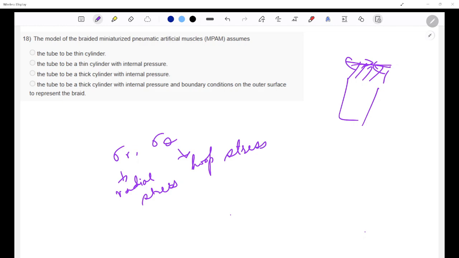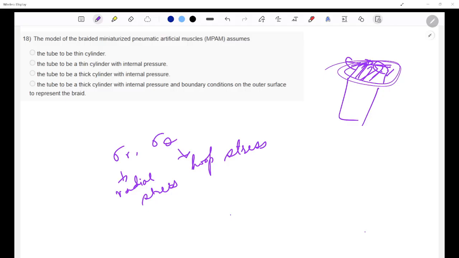The tube behaves like a pressurized thick cylinder. The boundary conditions are added because the braid surrounding the tube applies the constraints. So the fibers limit radial expansion, generate axial contraction forces, thus we impose the boundary conditions on the outer surface to represent basically the effect of this braid. So the outer surface constraint is the braid effect.